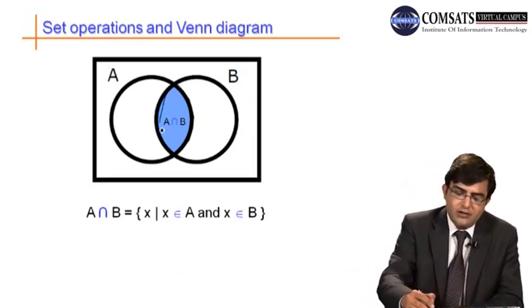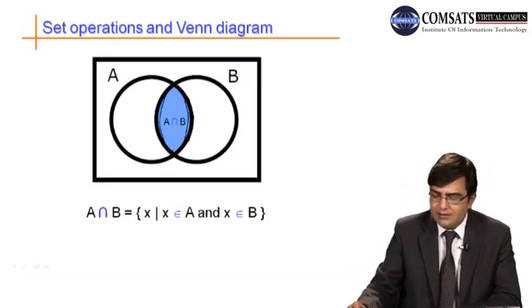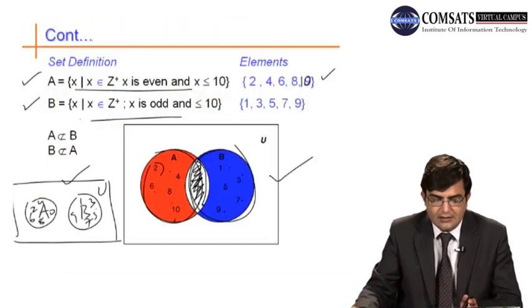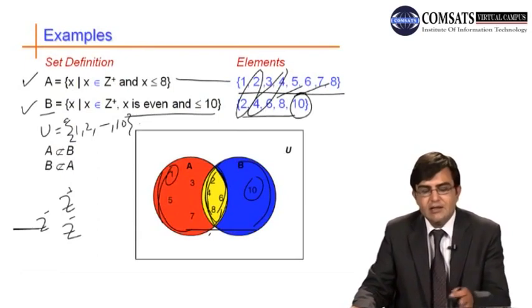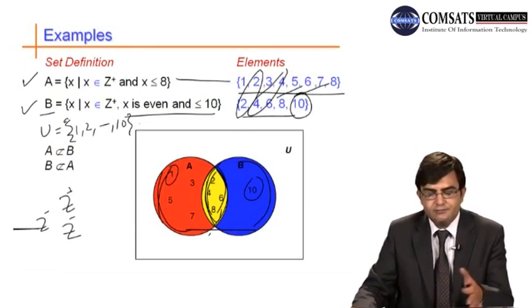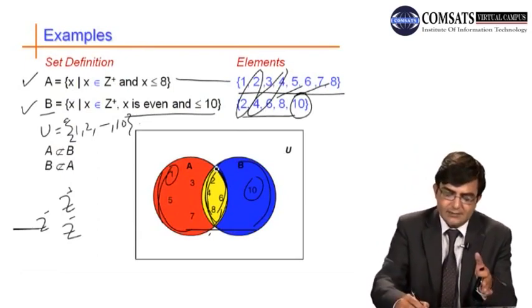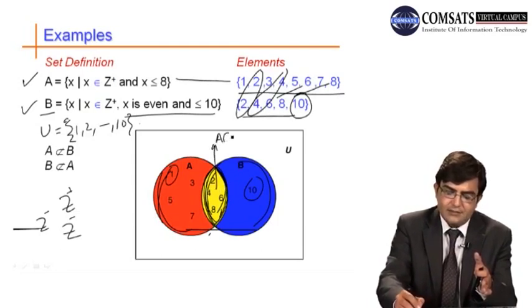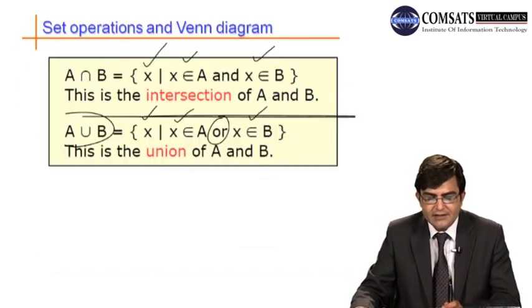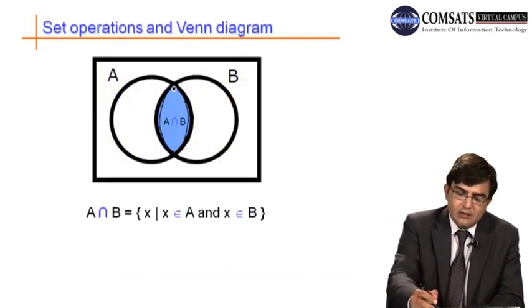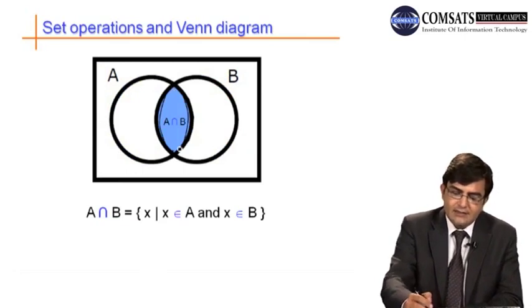So using Venn diagrams, how do we express the intersection? We construct a common region, as we have seen in this example. This region is A intersection B. We express intersection like this.